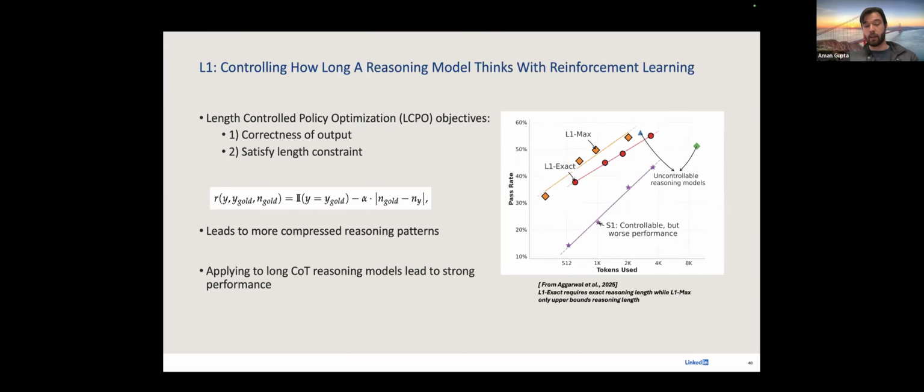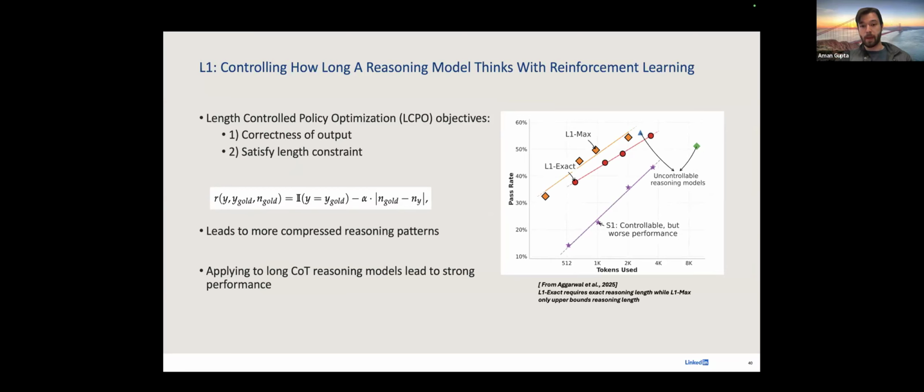Building off of this idea of length-controlled reasoning, the L1 paper instead tries to modify the training of an already chain of thought reasoning enabled model in order to carefully control this trade-off through a prompting and training strategy.